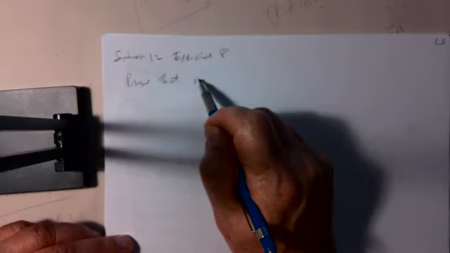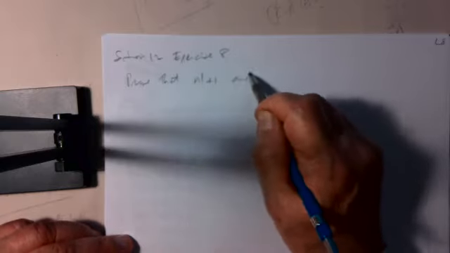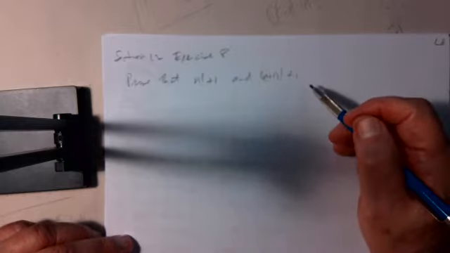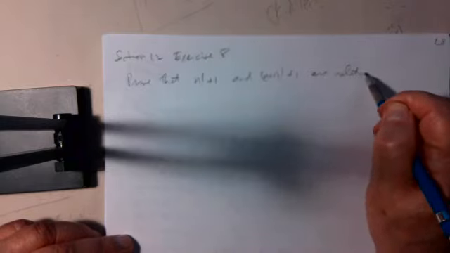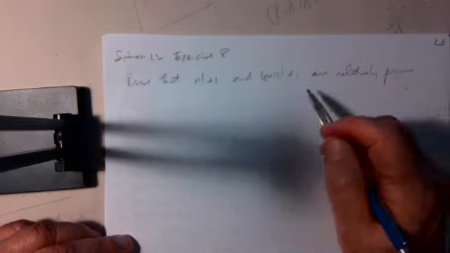Prove that n factorial plus 1 and n plus 1 factorial plus 1 are relatively prime for every positive integer n.